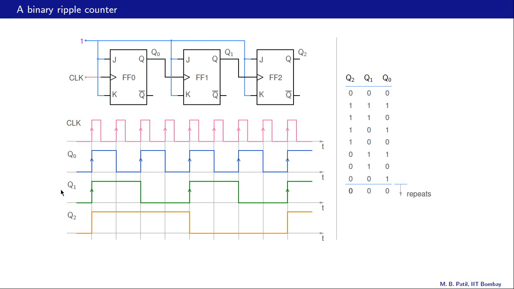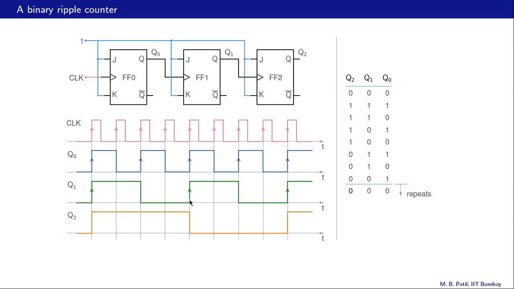What about Q1? For Q1, Q0 serves as the clock, and therefore we are now looking for an active edge, that is a positive edge in Q0. So these edges serve as the active edges for the second flip-flop, and since J and K are 1 for this flip-flop as well, Q1 will toggle after every active edge.